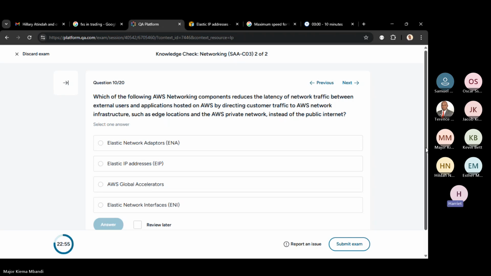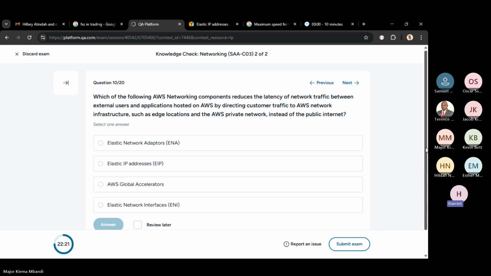Which of the following AWS networking components reduces the latency of network traffic between external users and applications hosted on AWS by directing customers' traffic to AWS network infrastructure, such as edge locations and the AWS private network, instead of the public internet? Elastic Network Adapter, Elastic IP Address, AWS Global Accelerator, Elastic Network Interface.